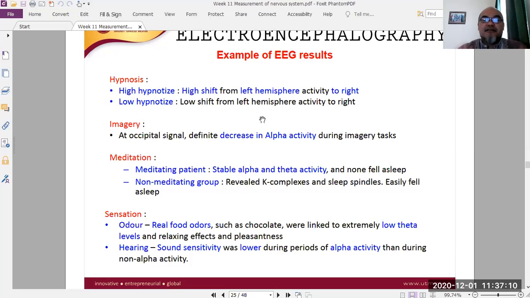Meditation: when a person is meditating or praying or whatever, it creates a stable alpha and theta activity, but the person never falls asleep. In a non-meditating group, it revealed K complexes and sleep spindles, and they easily fell asleep.